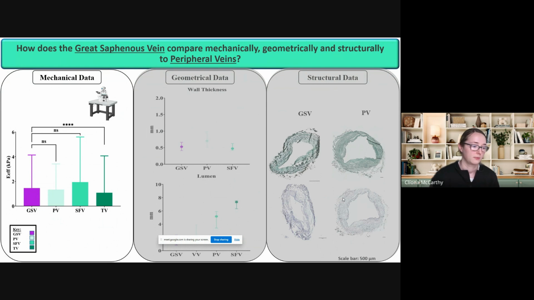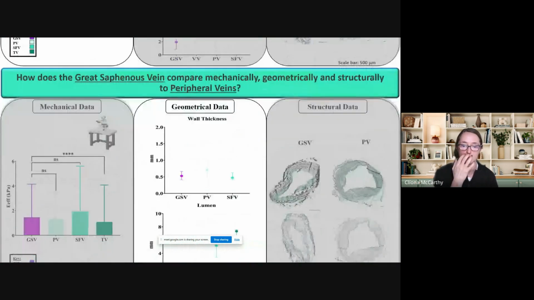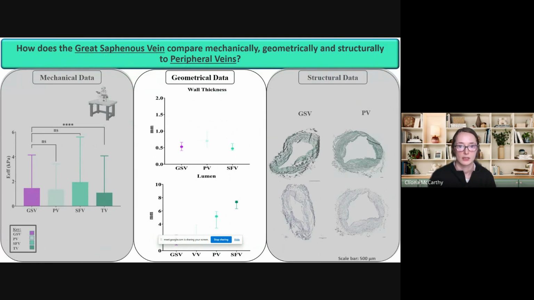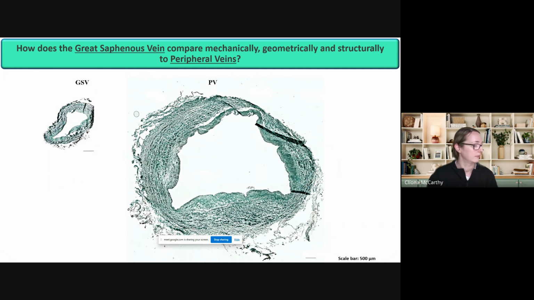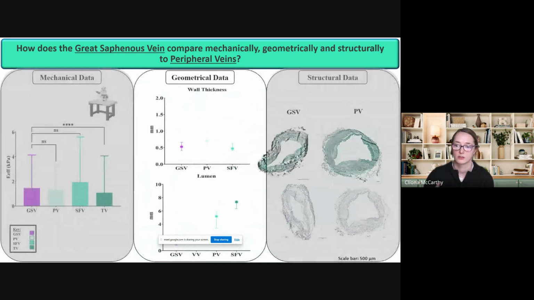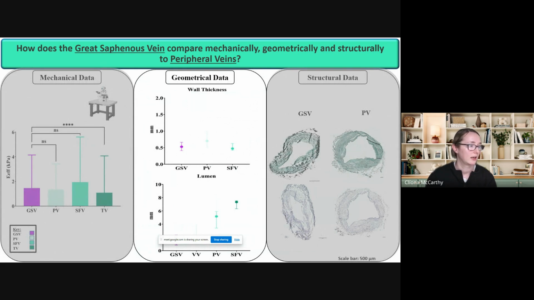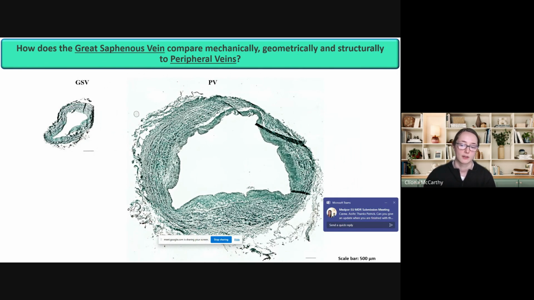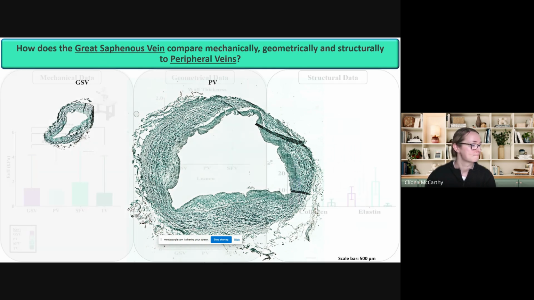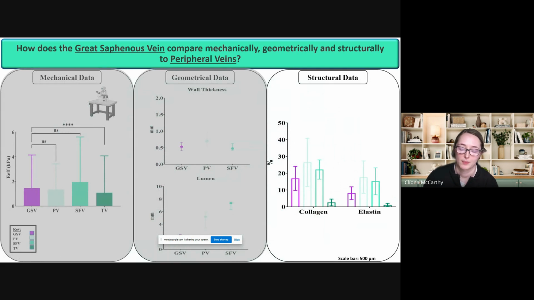Then when we look at the wall thickness, we see that there is a difference between the wall thickness and the lumen when compared to the GSV and the other peripheral veins available. And then structurally, while initially the structure doesn't look particularly different, when we scale it up, you can see that the popliteal vein, for example, is significantly larger than the superficial femoral vein.